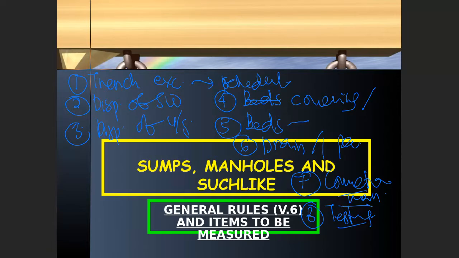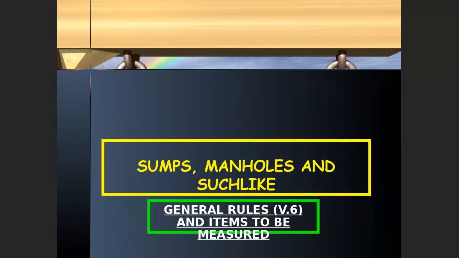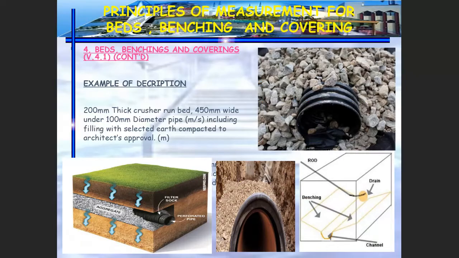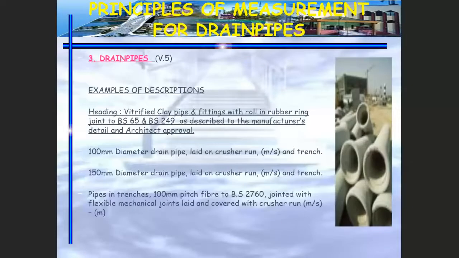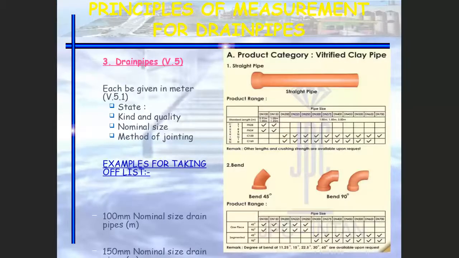Okay, so 8 items basically for measurement of underground drainage. Before we end the first part, I would like you to take note of how you want to measure the drain pipe. For the drain pipe, you have to measure according to the schedule. Let's go back to the schedule.